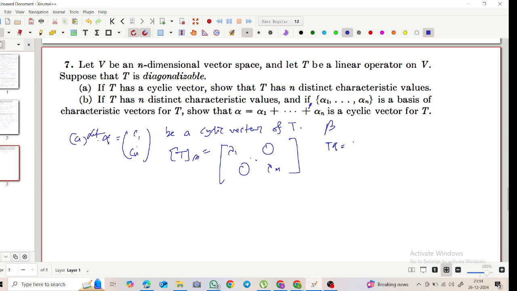So T alpha is lambda 1 c1 up to lambda n cn. You apply T on it, and you will realize T to the power i alpha is basically lambda i to the power i c i.